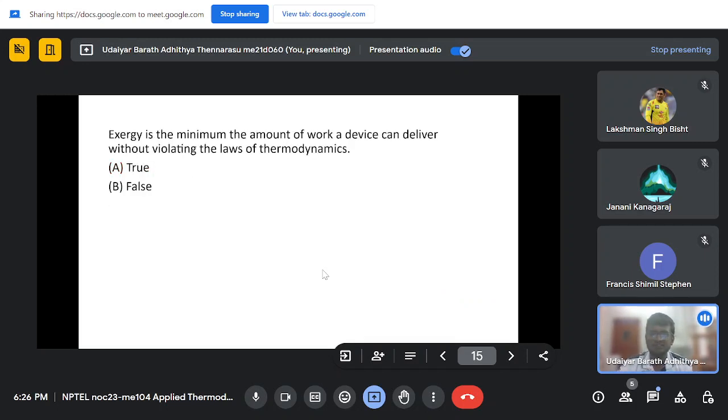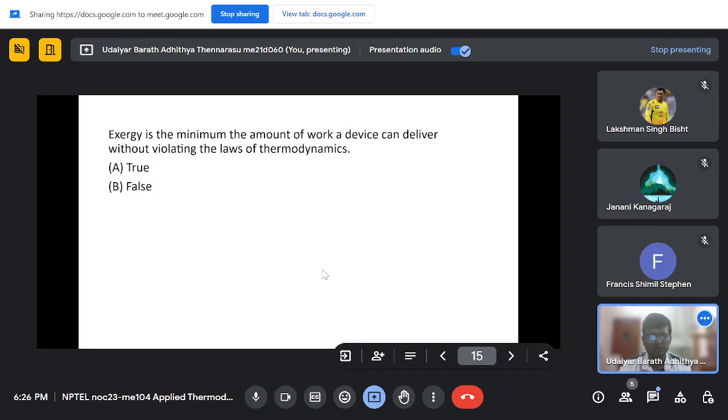Exergy is the minimum amount of work a device can deliver without violating the laws of thermodynamics. That is a statement which has been asked, whether it's true or false. I hope you remember the definition of exergy.